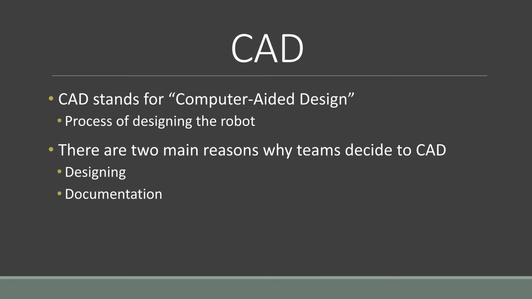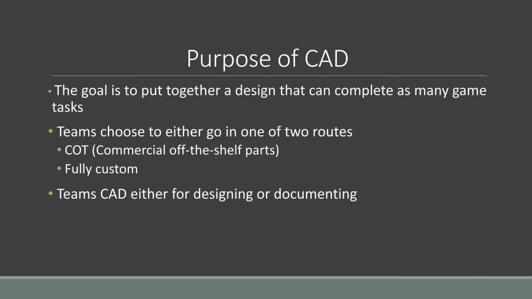In CAD, the goal is to put together a design that can complete as many game tasks as possible. Some teams decide to import COTS parts, commercial off-the-shelf parts, and build an assembly with that, while other teams decide to go completely custom. Again, neither one is objectively right or wrong.